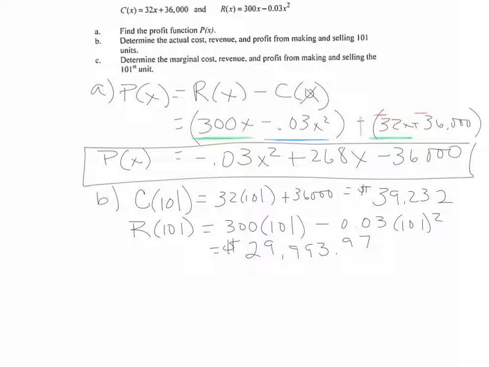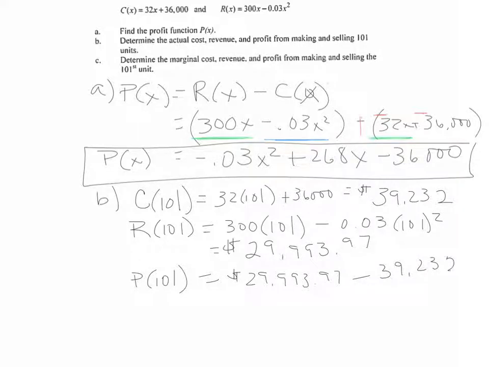Now, I should be able to do a quick visual. Am I making a profit? My revenue is smaller than my cost, but I can find out exactly what that profit is if I subtract these two. I have to do revenue minus cost, so it's $29,993.97 minus the $39,232.